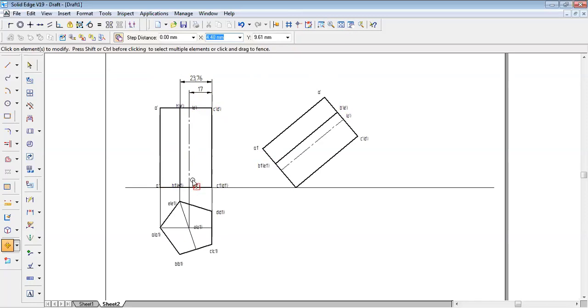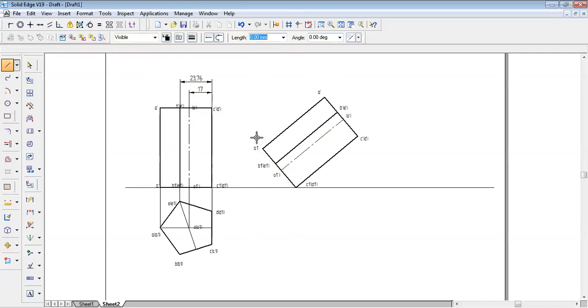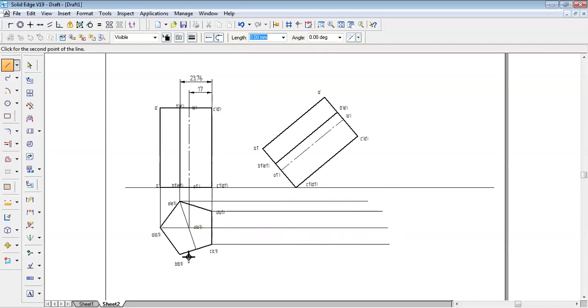Okay. And afterwards, draw these lines. Projection lines, draw these projection lines first. Yeah, A is here, you draw the line up to A.